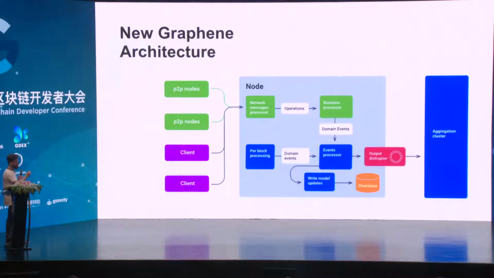And why was it not done before? It's a rather complex task to design the aggregation cluster in such a way that it will still be consistent with the write model, because we cannot just produce a stream of events.